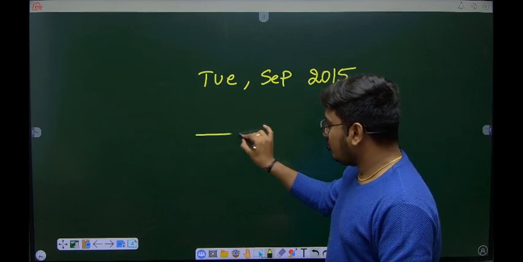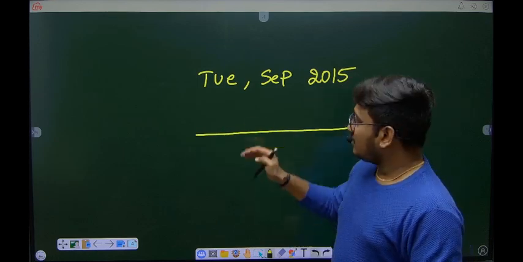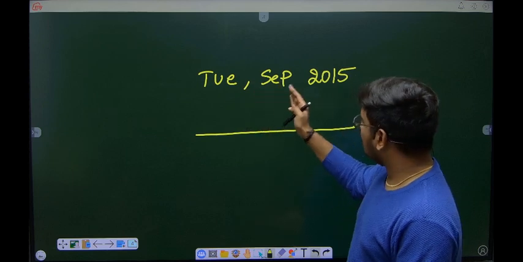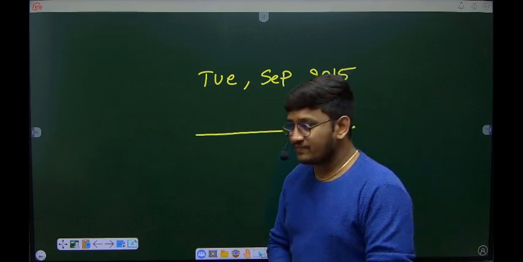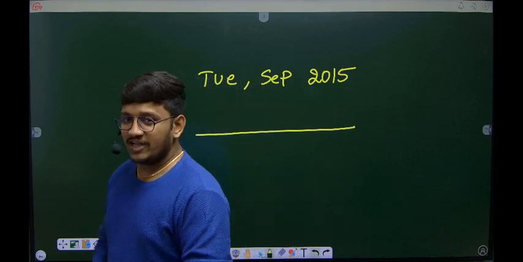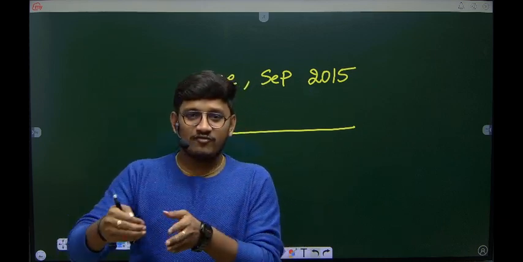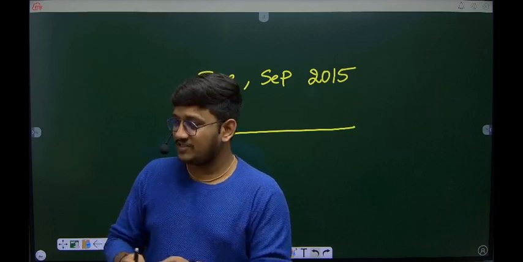Can you display the dates on which Tuesdays fall in September 2015? Take 1 minute and post all the dates in the chat box. Let me see who will post first.